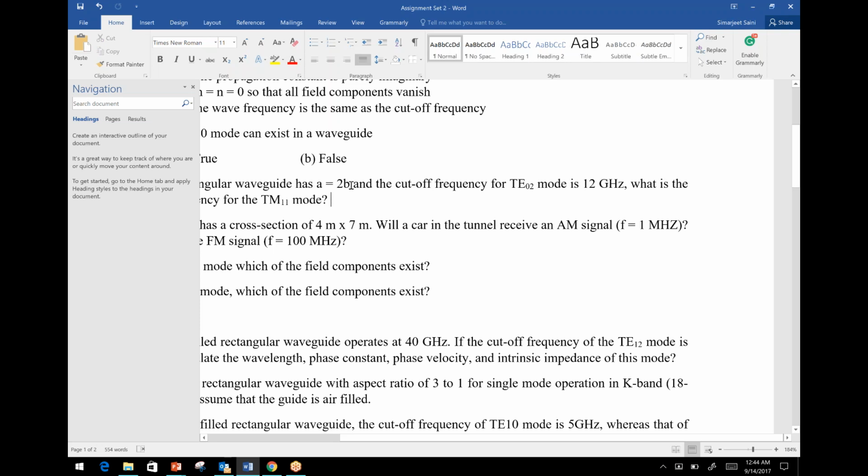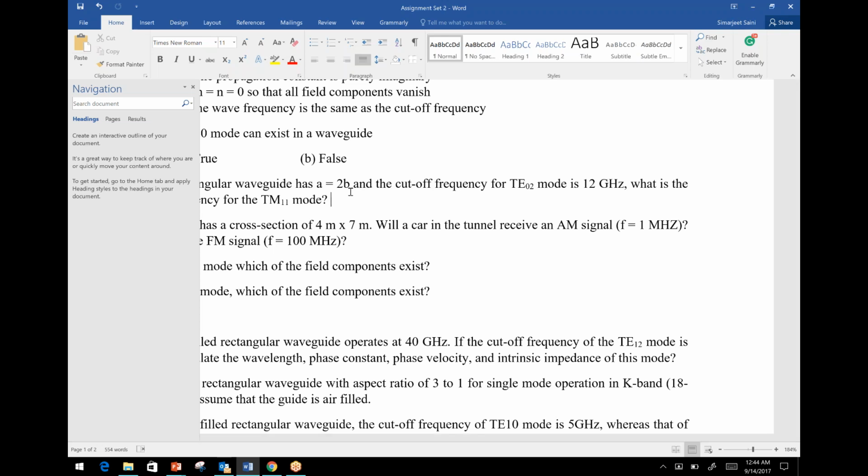And since a is equal to 2b, the TE10 mode would be given by another half of it, so about 3 gigahertz. So TE10 would be 3 gigahertz, TE01 would be 6 gigahertz. So TE11 or TM11 would be the sum of those two frequencies.